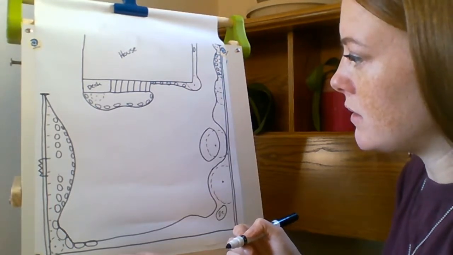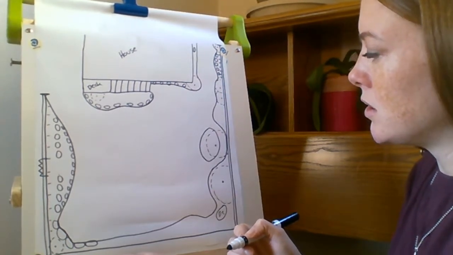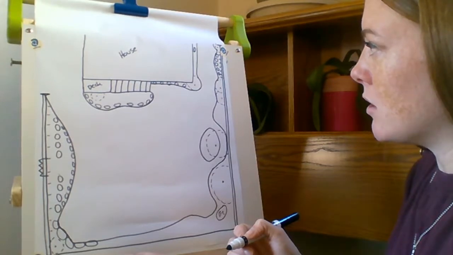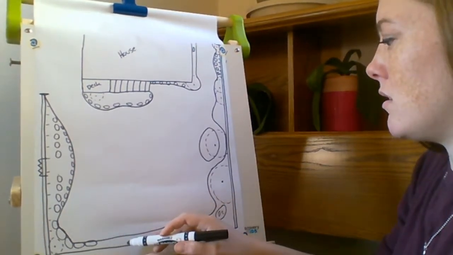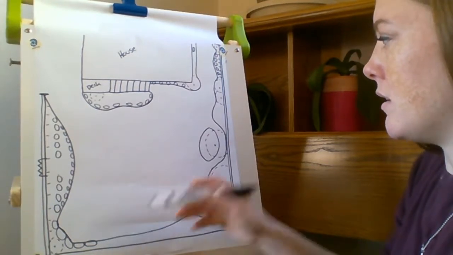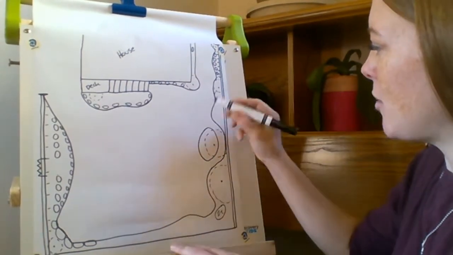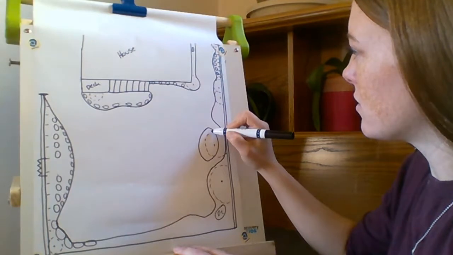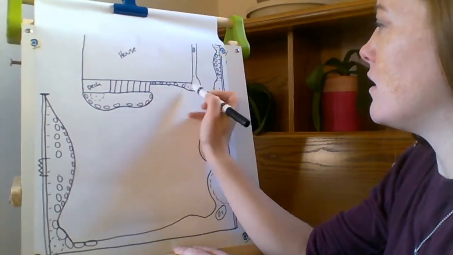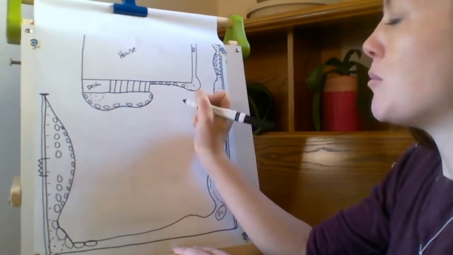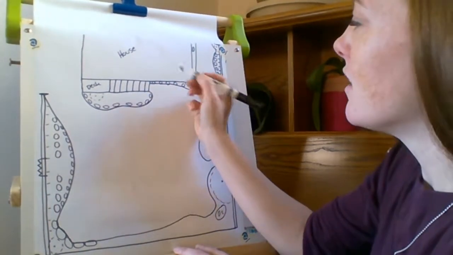And let's see. We're definitely going to need to do some herbs in here somewhere too. And I'm thinking I might utilize either this or part of right here by the stairs, and then in here, because then I can just pick from the kitchen.